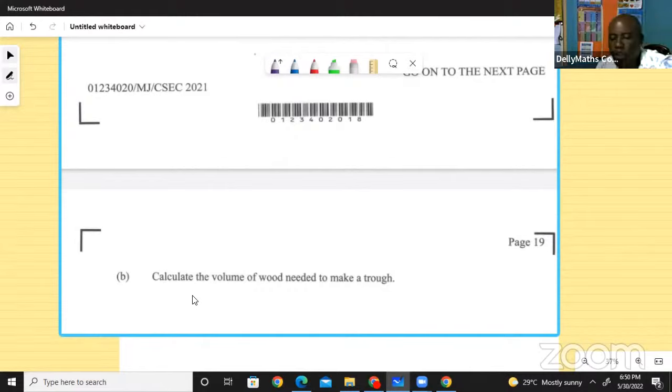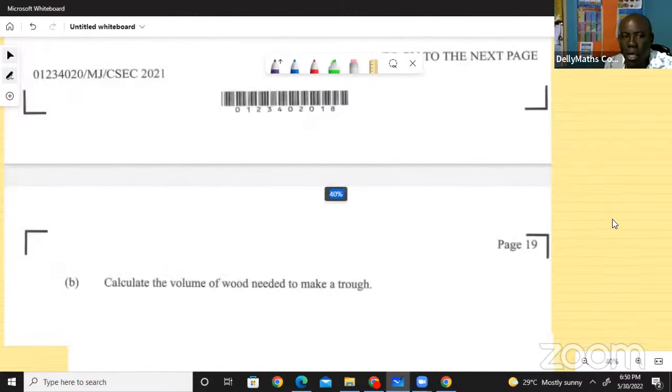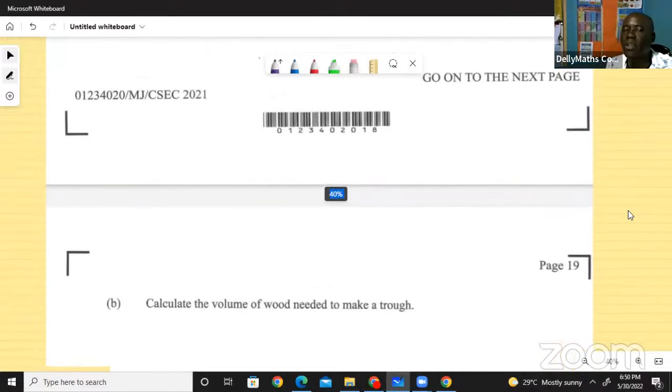In other words, if you were supposed to take up that trough in your hand, what you're holding is actually the volume, because the volume is the space occupied. And that is why your hands will not meet, because there will be something between your two hands taking up that space. We want to find the wood that would have made that space. So the wood itself.